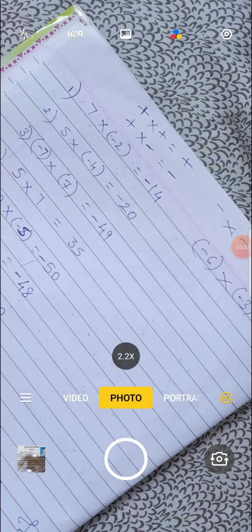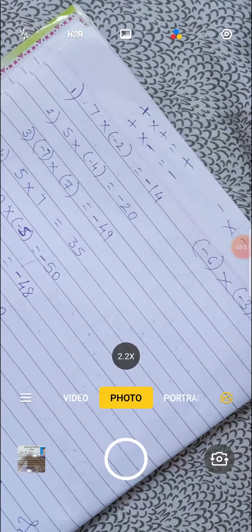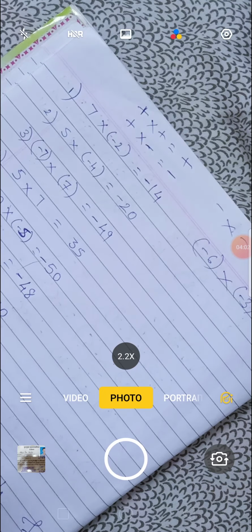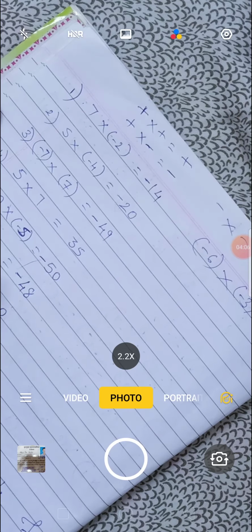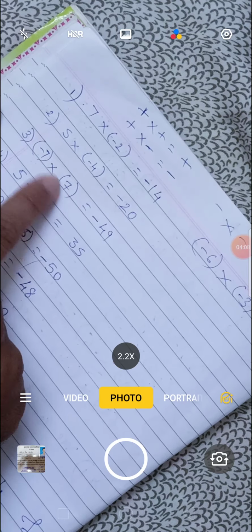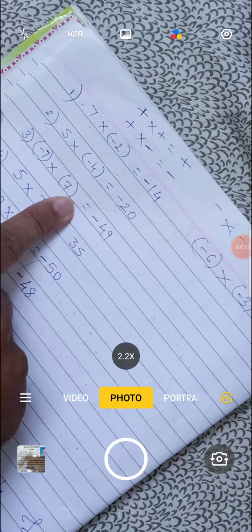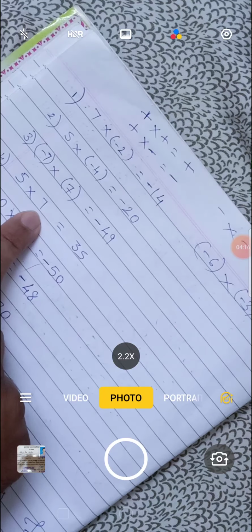Negative. Why? This rule will always be useful for you. The product of a positive integer and a negative integer is a negative integer. Always remember, one positive, one negative. So you have to put a negative sign for the answer. One negative, one positive. 7 7s are 49, one negative integer, one positive integer, so the answer will always be negative. 5 7s are 35.